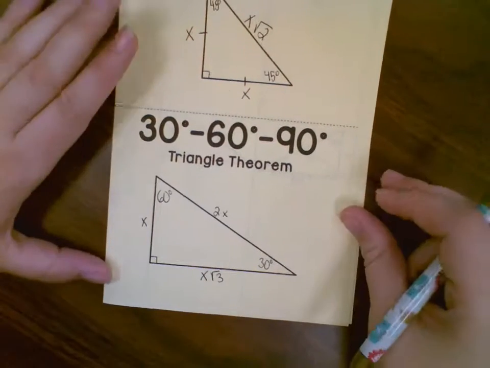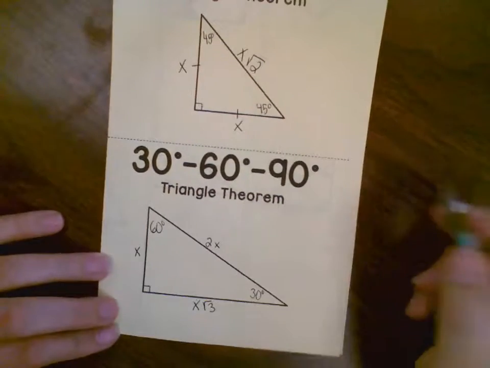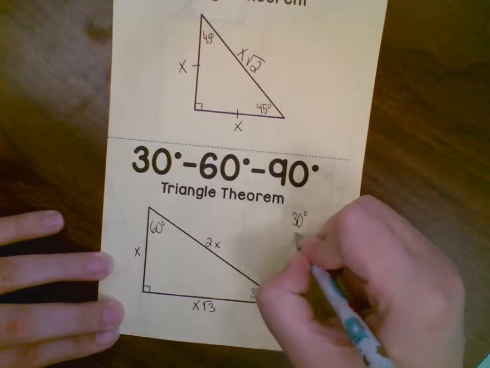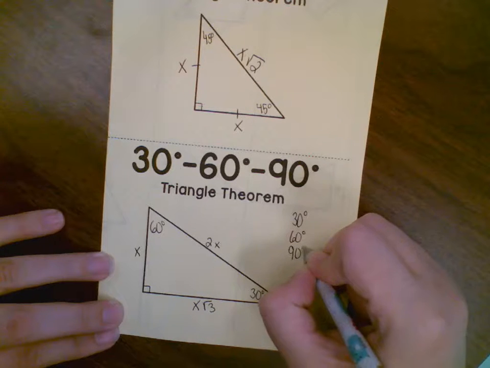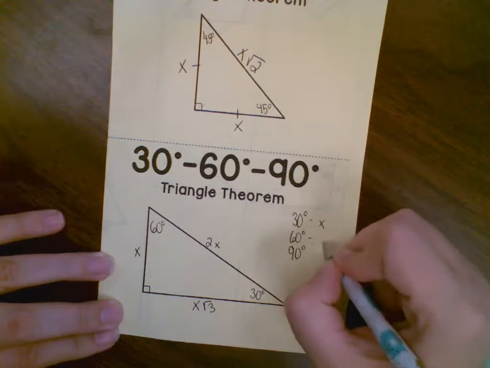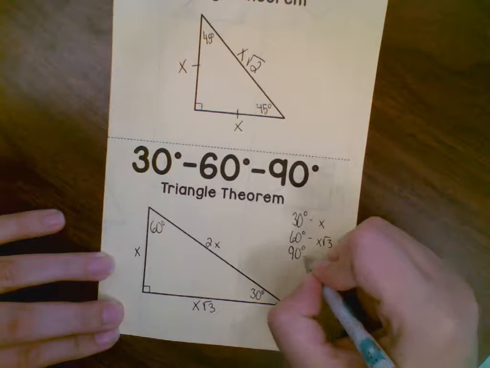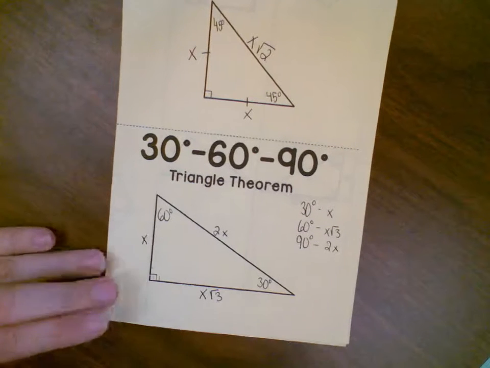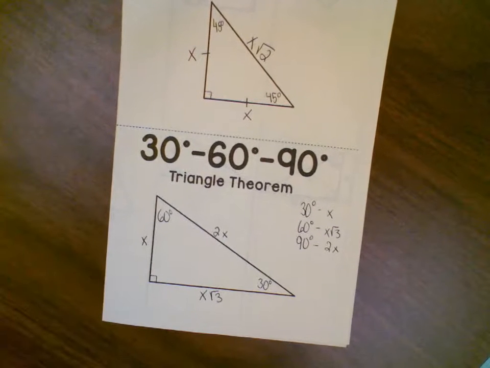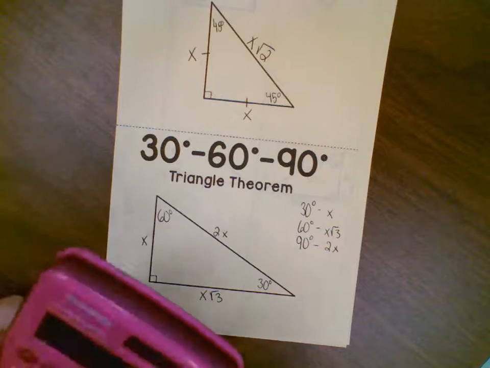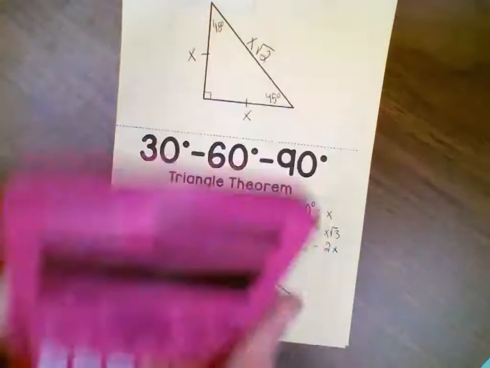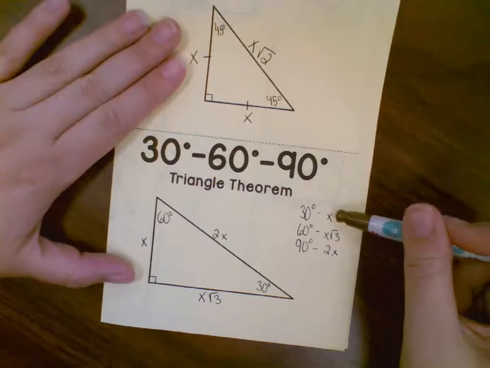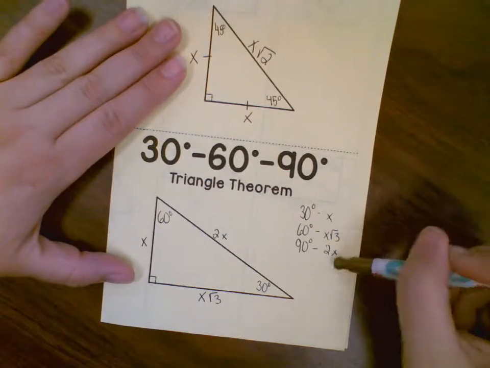One way that you can remember these formulas is that across from the littlest angle is the littlest side. So x, then x root 3, and 2x. The square root of 3 is smaller than 2, so it's 1.73. That's how we know this is 1, this is 1.7, and this is 2.